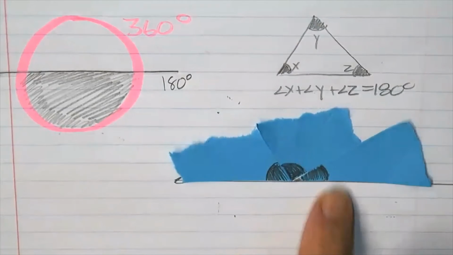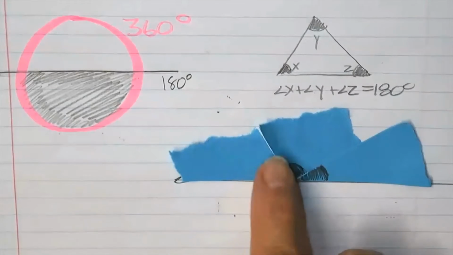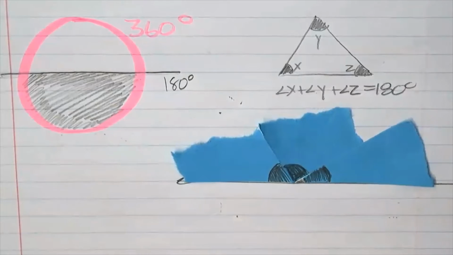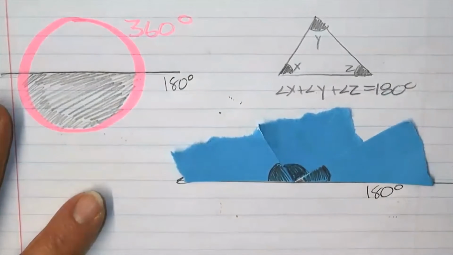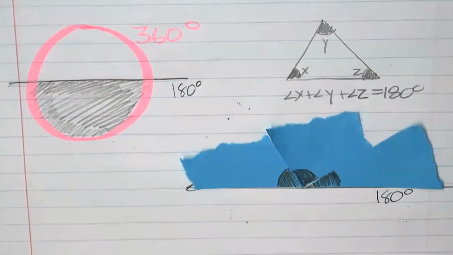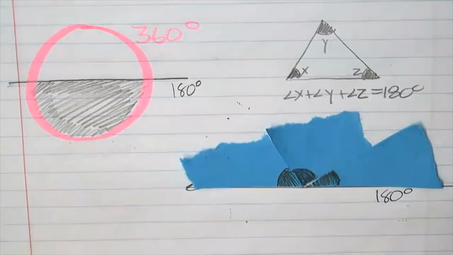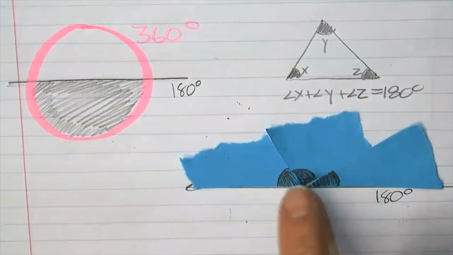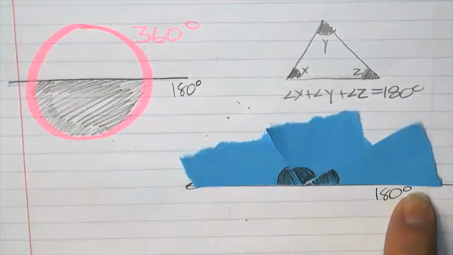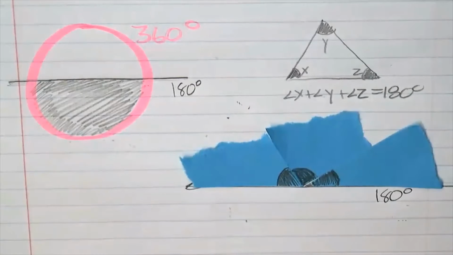All three interior angles, when put together, form a straight line, which is 180 degrees. So go ahead and do that. Okay, so I think we've seen that it doesn't matter what kind of triangle we use, that when we take the interior angles and add them together, it will always be 180 degrees, which is a straight line.